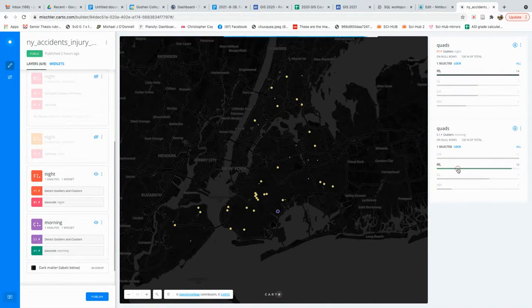If we want to look for hot spots, I can just activate those. There look to be more hot spots during the day than at night. Well, no, let's actually look.